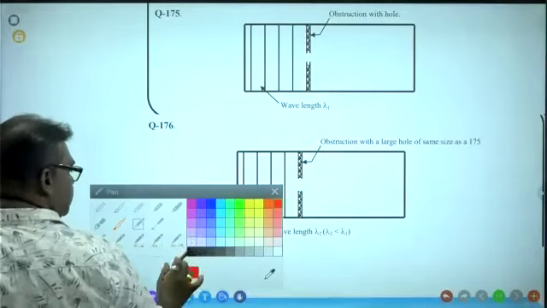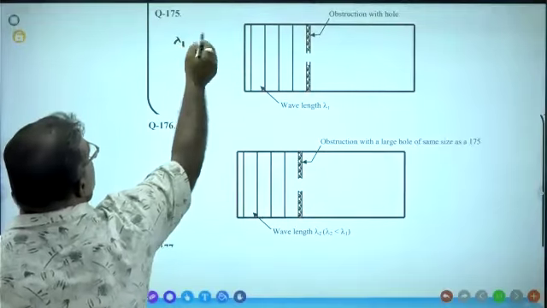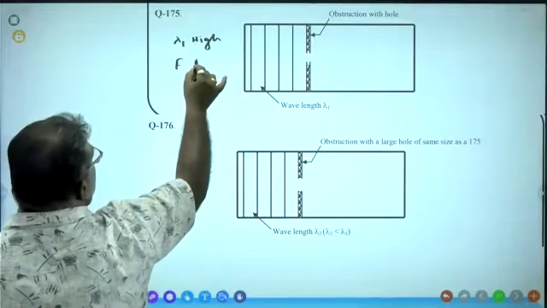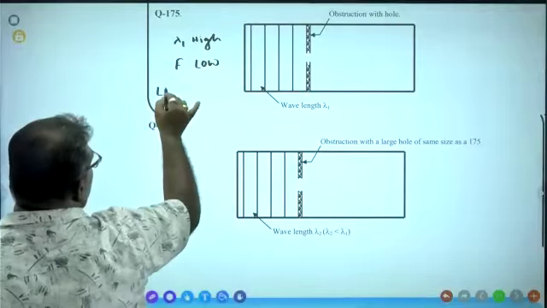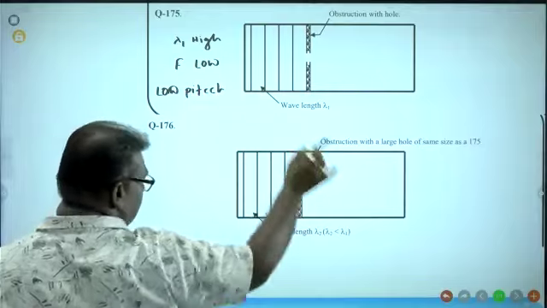Here, you can say lambda 1 is high, then frequency is low. Here we have low pitch sound, no?